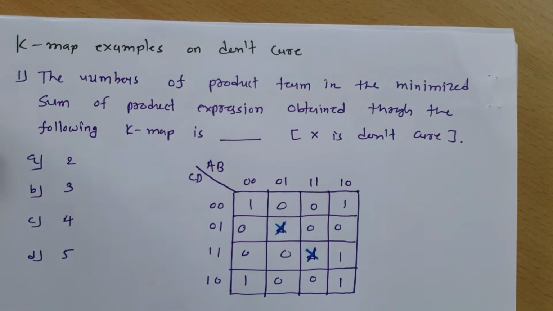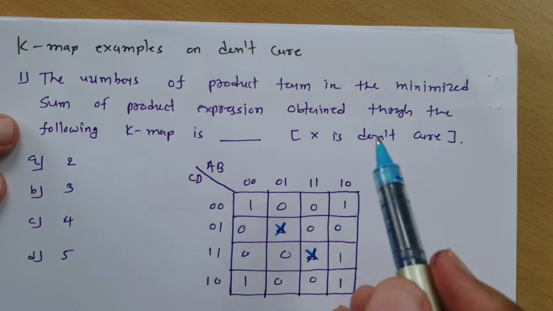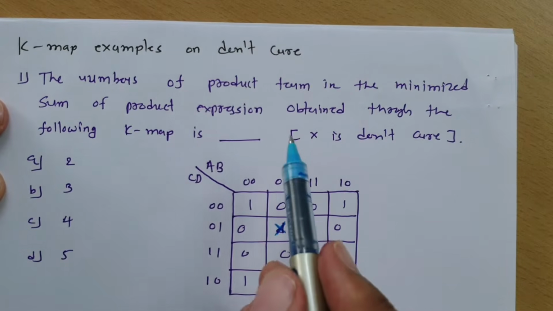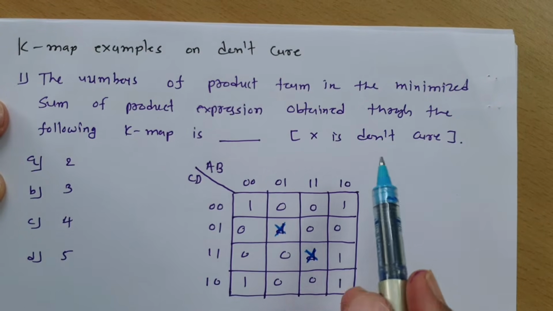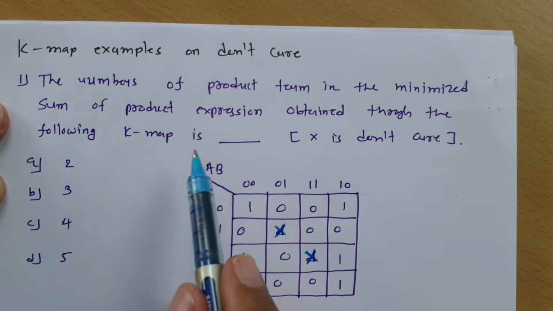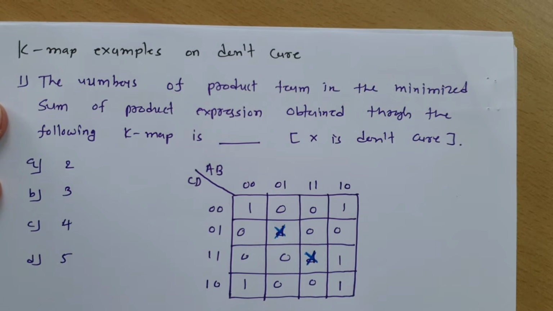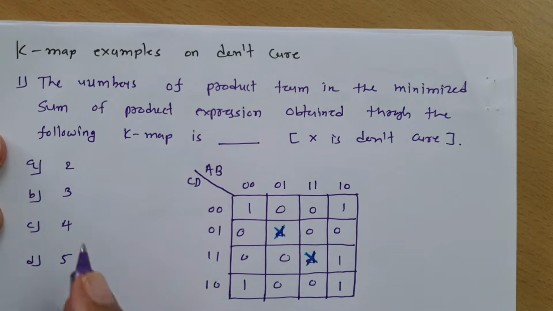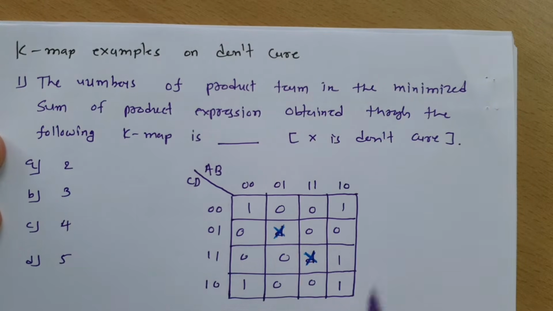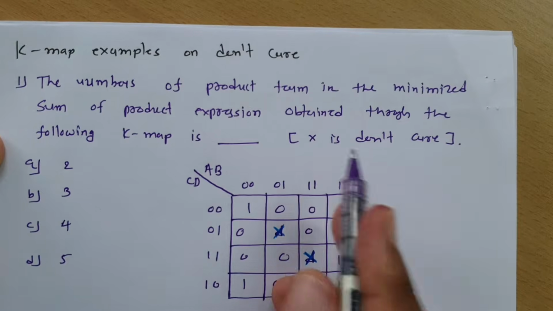You can see the question: the number of product terms in the minimized sum of product expression obtained through the following K-map is how much. So we need to identify how many groups are there in this Karnaugh map, where X is don't care.